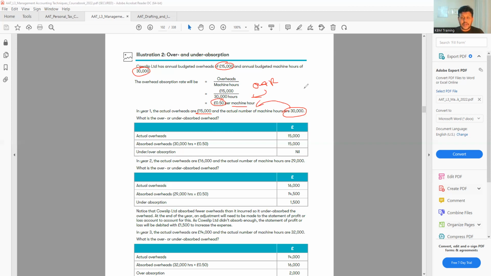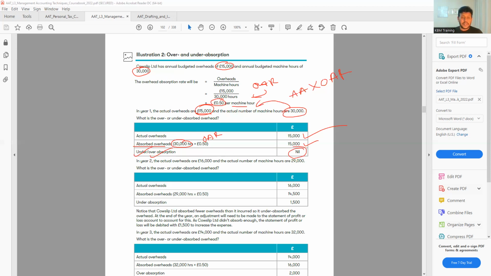And that gives us the overhead absorbed. Now, actual overhead, the question said, is 15,000, and overhead absorbed, actual activity times the overhead absorption rate, is also 15,000. So we don't have any under, don't have any over, and it is nil.